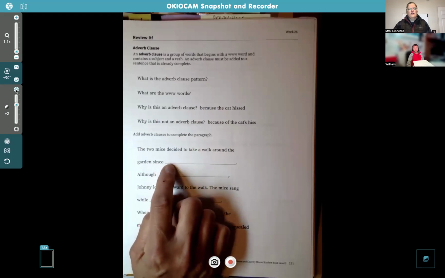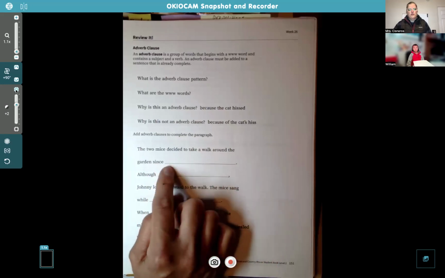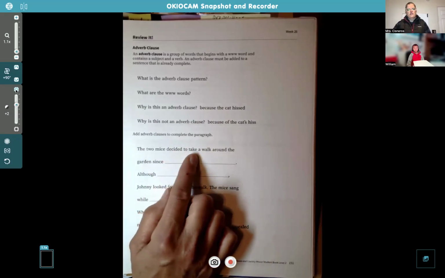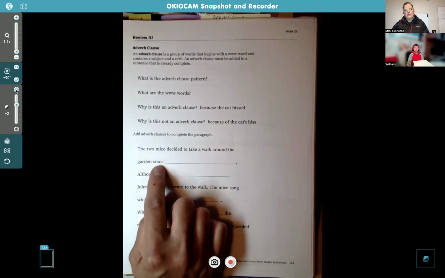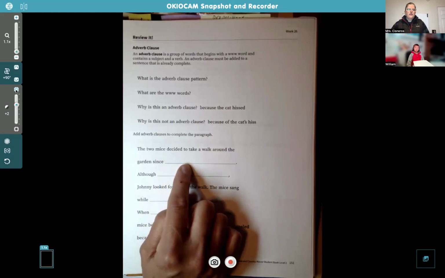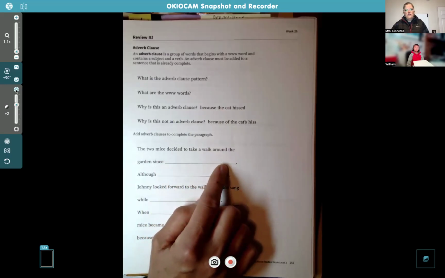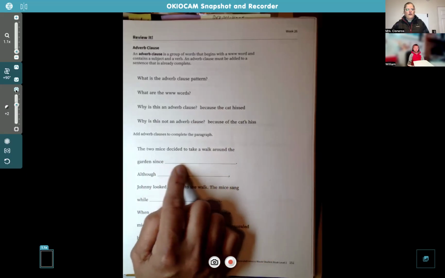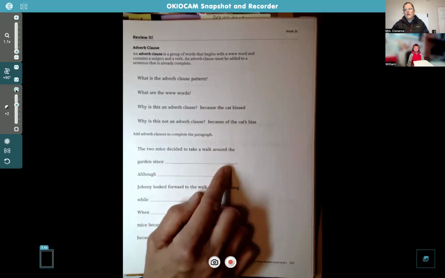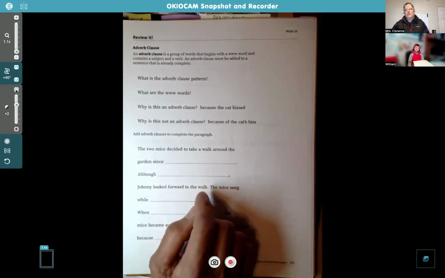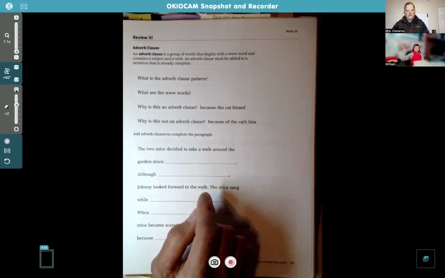And now you need another subject verb here. So what do you think? How could we complete this sentence? The two mice decided to take a walk around the garden since it was sunny, or since they were bored, or since they were hungry. What could we say here after since? Which one do you like? Or do you have a different one?